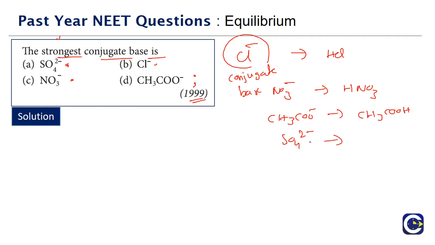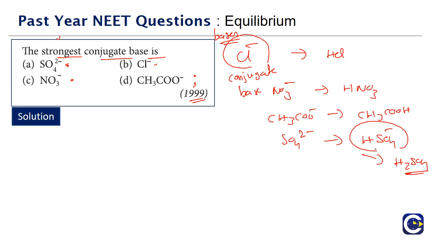See, actually when we talk about the conjugate acid, these are all bases. When we talk about the conjugate acid, for that we should just add one H plus. So the conjugate acid for SO4 minus will be HSO4 minus. If you add one more H plus, it will become sulfuric acid.